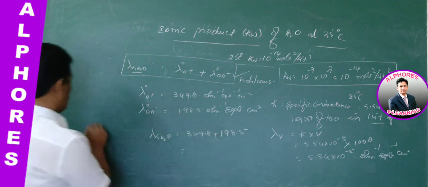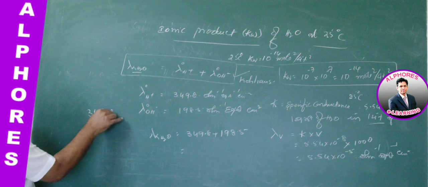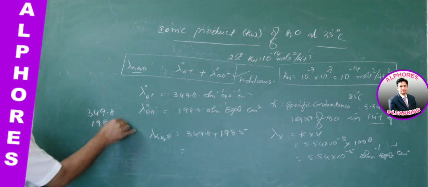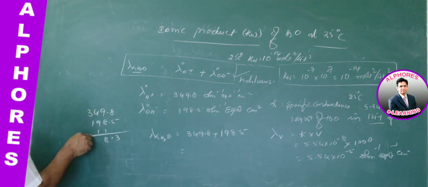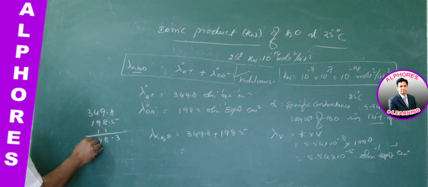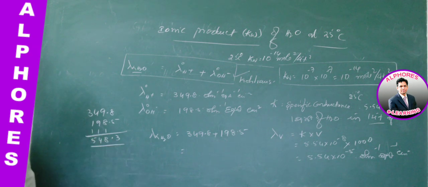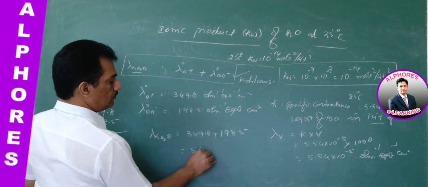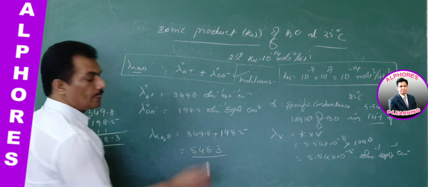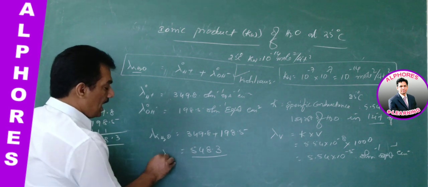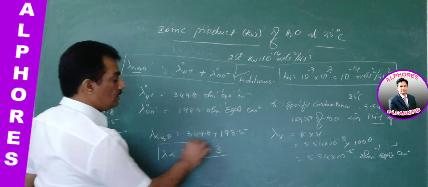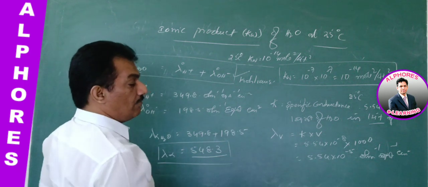Now it is coming to 548.3. This is lambda infinite.